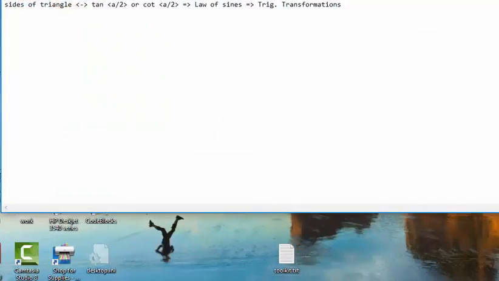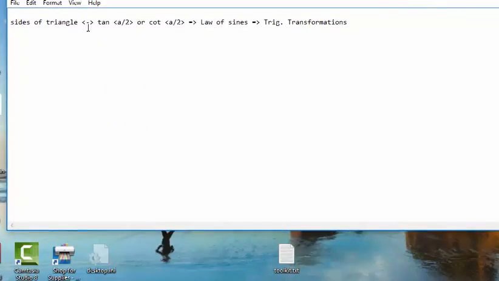I'm not sure if you can see, but it basically says that if I am given the sides of a triangle in a problem, and I want to relate them to the tangent or cotangent of some half angle, or I am asked to find the tangent or cotangent of a half angle, then I can just apply the law of sines, and after that apply trigonometric transformations to achieve the result.